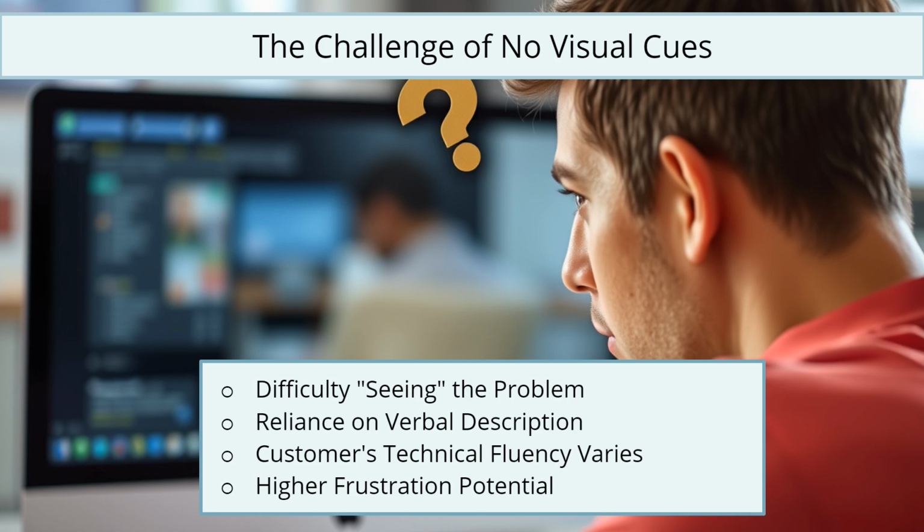This impacts how they describe issues and understand your instructions. Thirdly, troubleshooting itself can be inherently frustrating, and without the calming effect of visual presence, there's a higher potential for customer frustration to escalate. Understanding these challenges is key to developing precise and empathetic communication strategies that effectively bridge the visual gap.